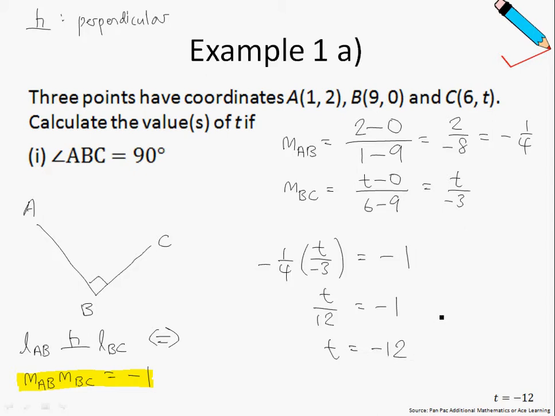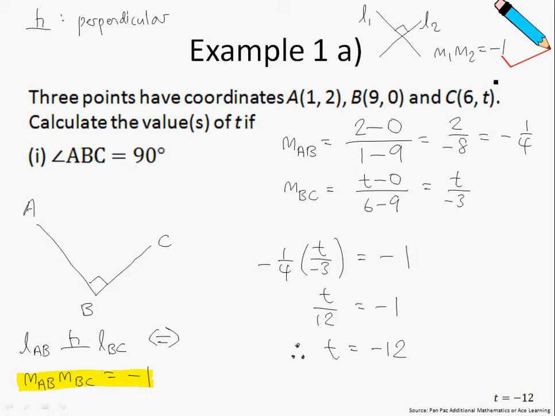And there we have it, this is the value of t. The special thing to take note of in this example is that if two lines are perpendicular, then M1 times M2 equals -1.